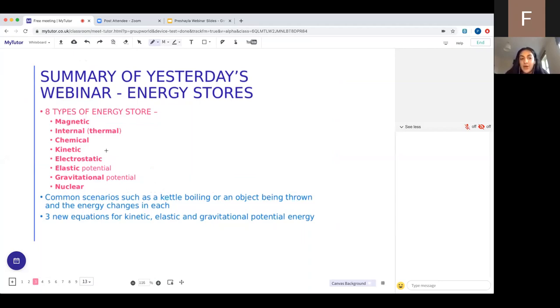We need to know what they are, where they're found, and in what kind of applications we find them. And then we went through some common scenarios, which include energy transfers. So, for example, a kettle boiling or an object being thrown, and the energy changes that happen in each. Then lastly, we went through 3 new equations for kinetic energy, elastic energy, and gravitational potential energy.